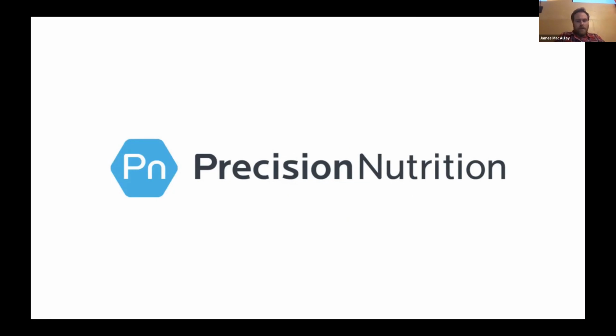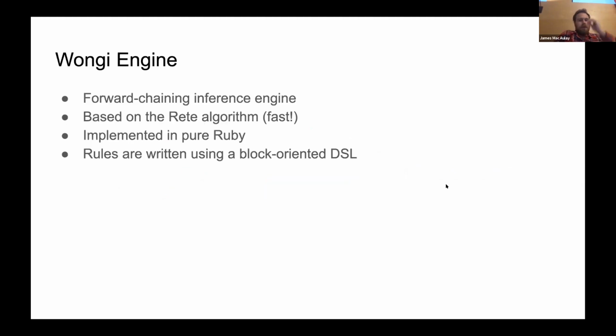So PN, as Luke mentioned, they've been using this library in Ruby called Wongy for a while. It's a forward chaining inference engine based on the Rete algorithm, which I think maybe in the end, Luke, you didn't even mention at all, right? So I will be getting into that a little bit.